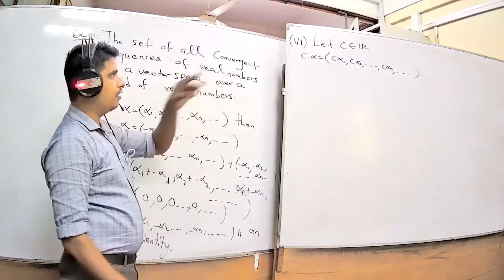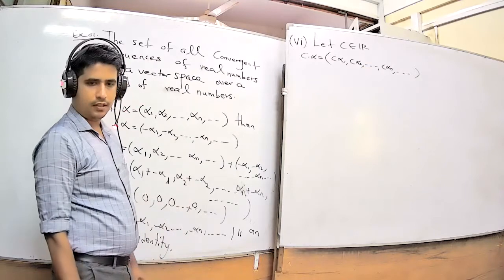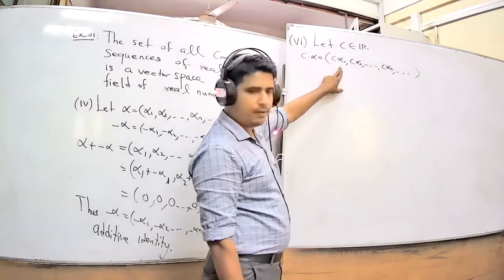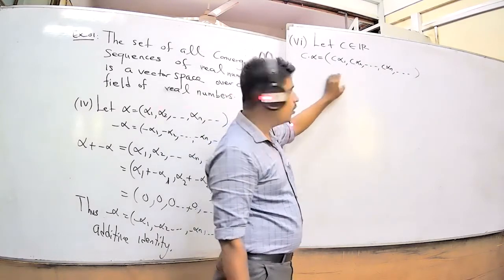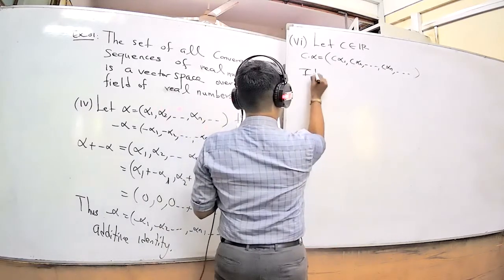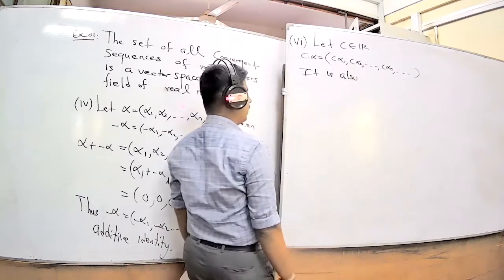As usual, this is scalar multiplication; you can multiply each of the values. Alpha 1 is convergent, therefore c alpha 1 is convergent. Alpha 2 is convergent, therefore c alpha 2 is convergent. Because each of them is convergent, c alpha is also convergent.